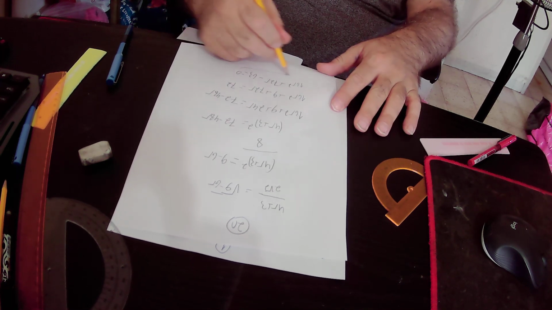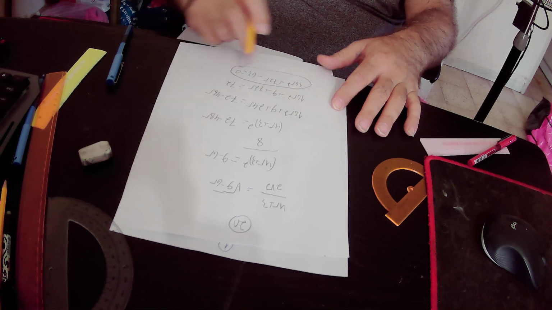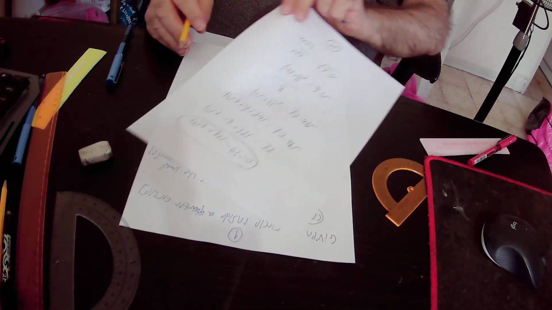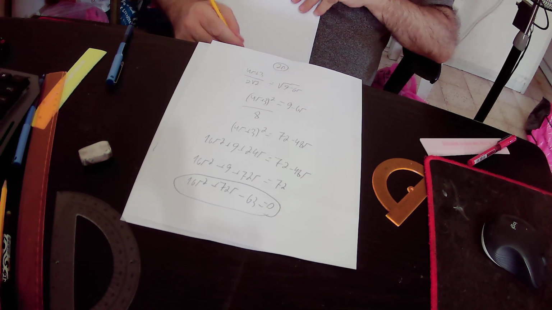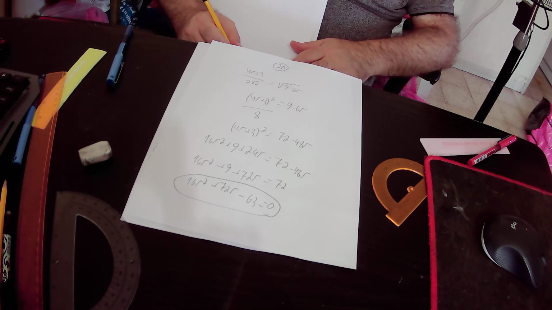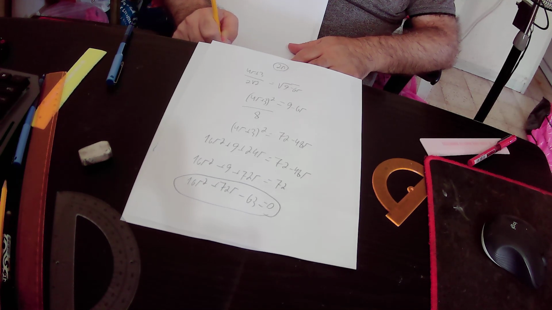Okay, so we got a quadratic equation, and the solution to the quadratic equation is x equals minus b plus or minus the root of b squared minus 4ac, over 2a.